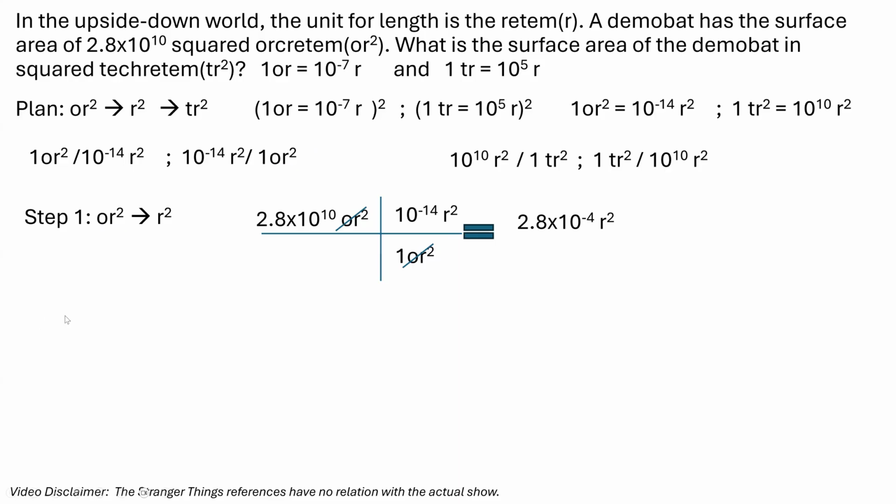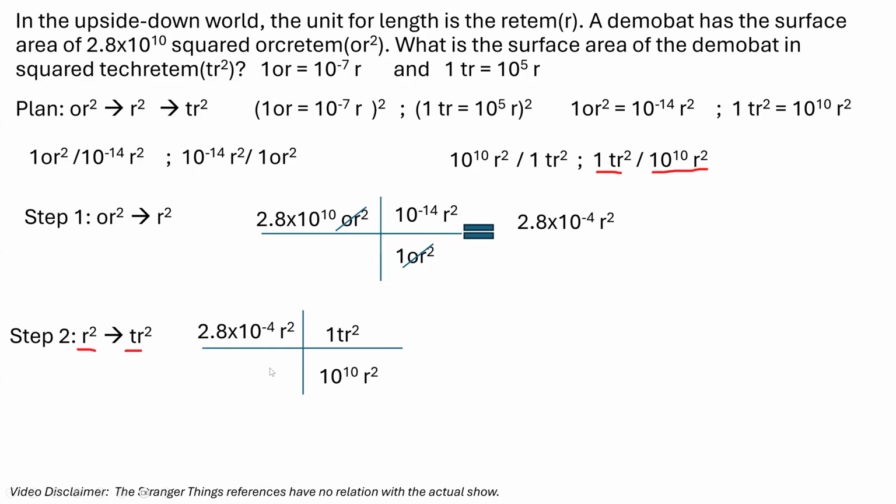So in step 2, we're going to go from the base unit to the prefix. So we need to select the conversion factor that has the prefix on top and the base unit on the bottom. So we use our answer from step 1. Now we're going to use this second conversion factor, which is tech rectum squared over rectum squared.